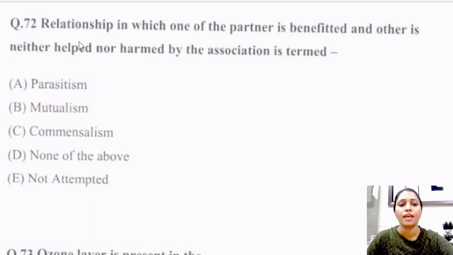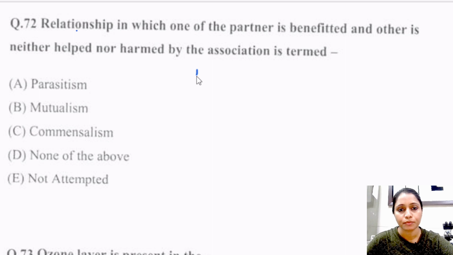This question they asked about ecological relationships. So the relationship in which one of the partners is benefited and the other is neither helped nor harmed by the association is termed parasitism, mutualism, commensalism, or none of the above. There are different types of ecological relationships between the organisms.